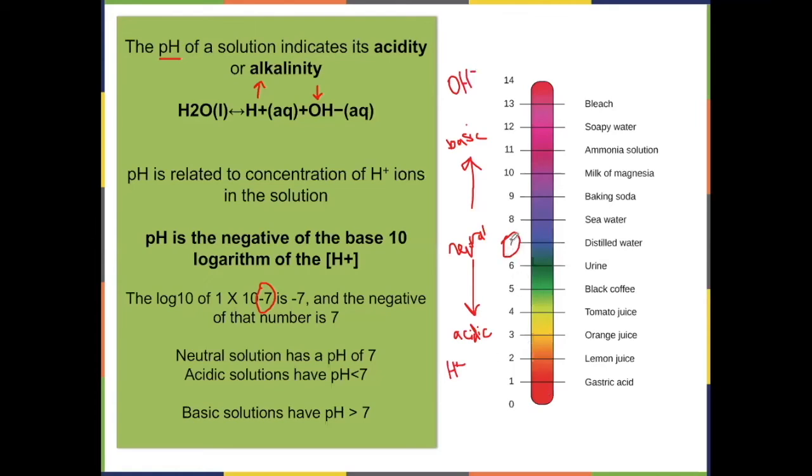Every time you move up a level or down a level in pH, because it's a log, it's actually 10 times. When we go from a pH of 8 to 7, a solution at 7 actually has 10 times the amount of H plus that the solution with a pH of 8 does. And if you go again to 6, that's another 10 times. And then if you go again to 5, that's another 10 times.